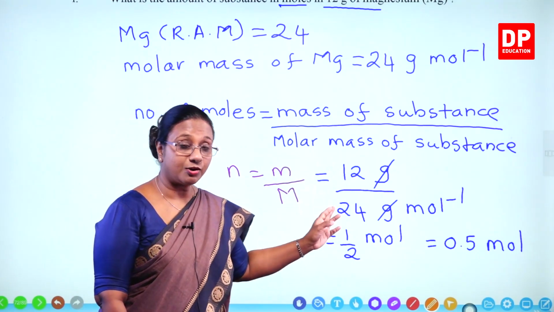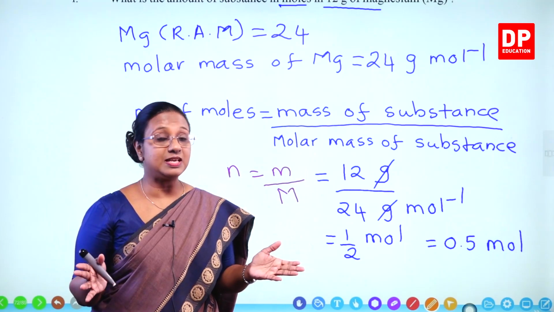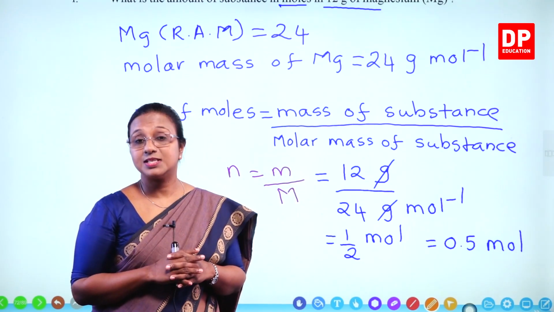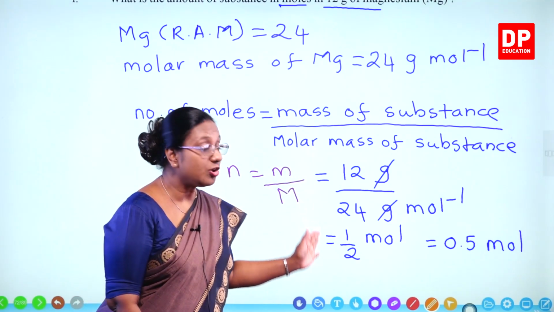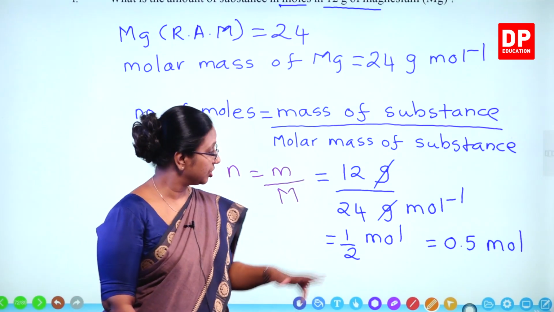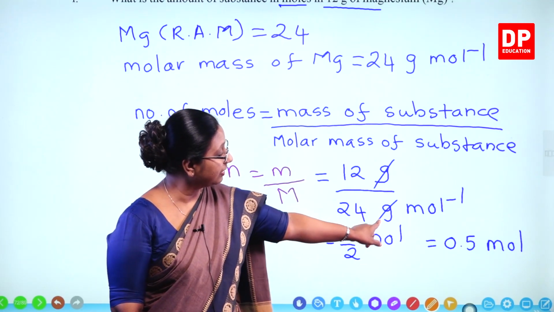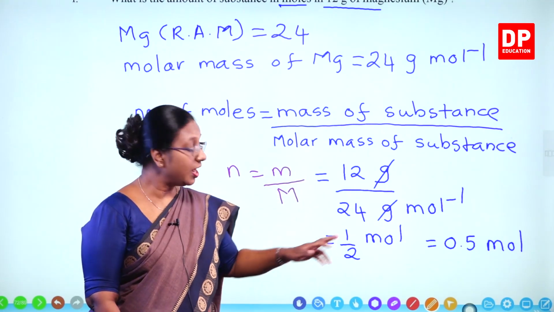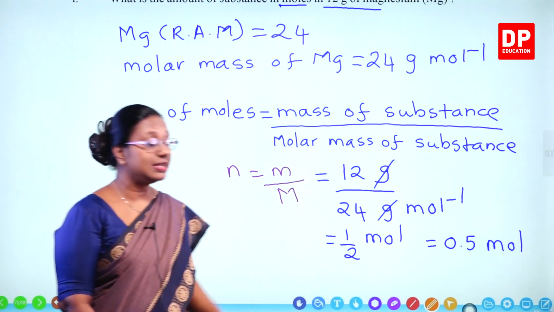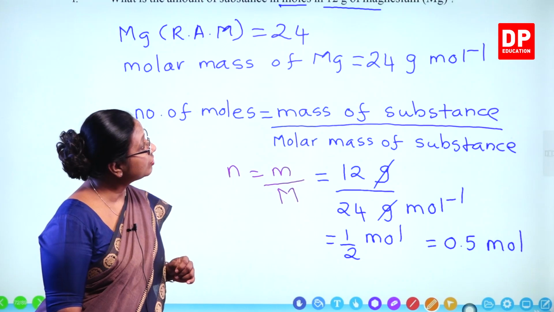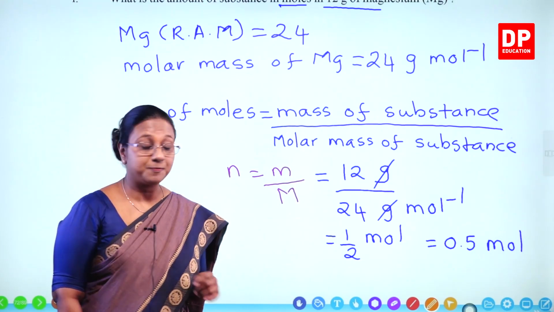But if you write the wrong values, you might make a mistake. But with this, you can confirm it to a certain extent. So 12 grams of magnesium divided by 24 grams per mole, you will get the answer as 0.5 moles, the number of moles in 12 grams of magnesium.